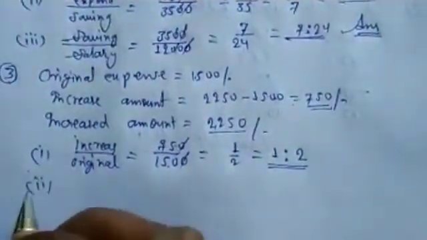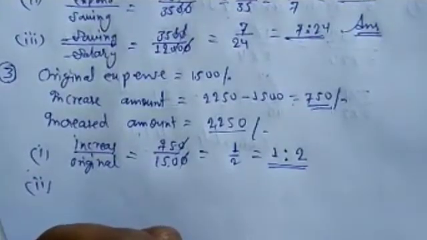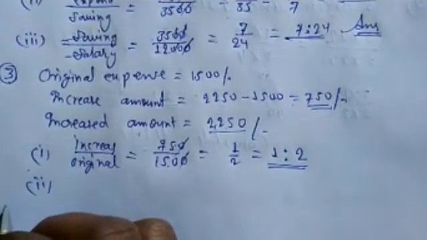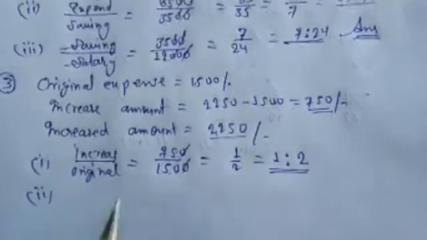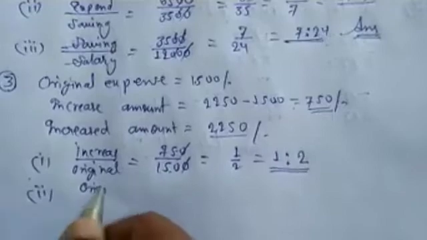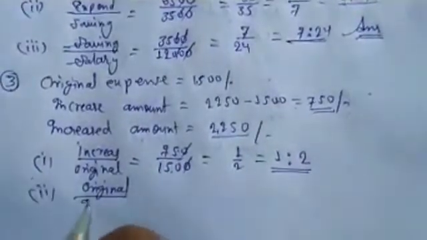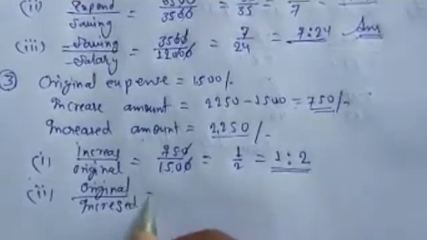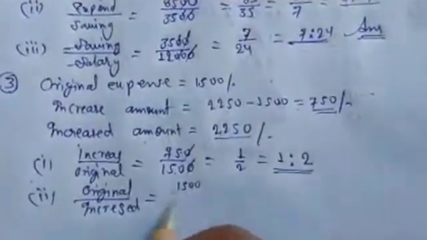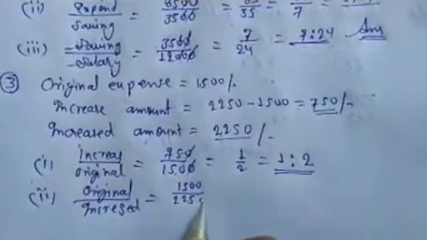Part 2 is original expense to increased. Original was 1500, increased 2250.